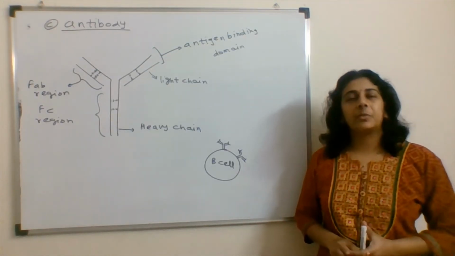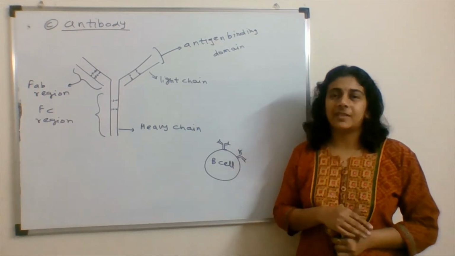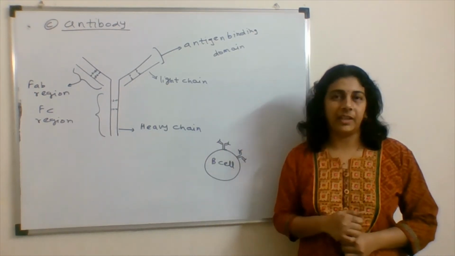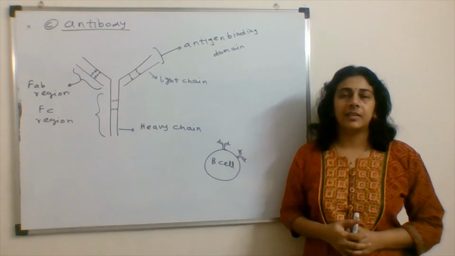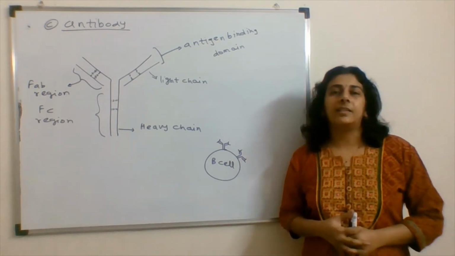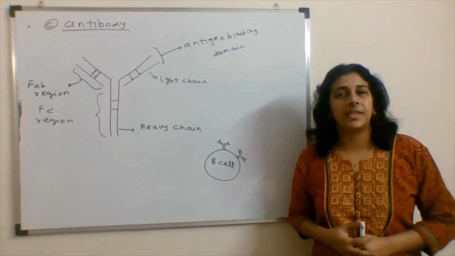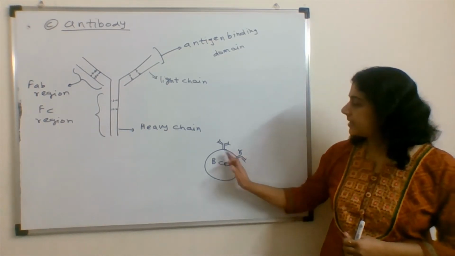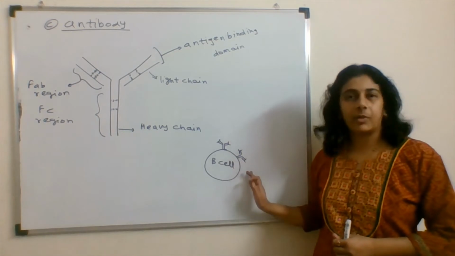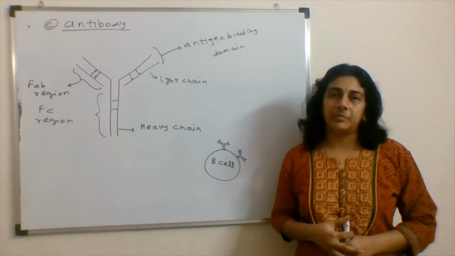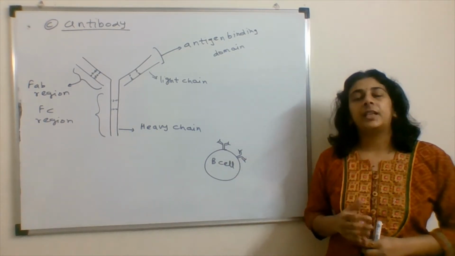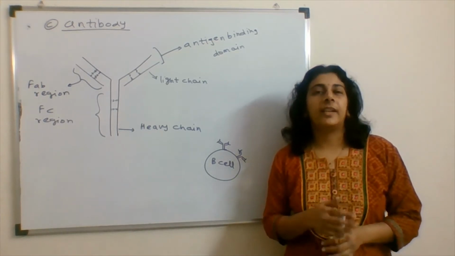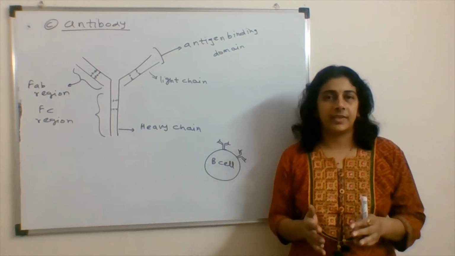In continuation with the B cell, we'll first discuss the antibody and then we'll move to the T cell. Just now we said that the antibodies are present on a B cell as a membrane protein. So this is a B cell, and we find antibodies present on it. When the B cell matures, it gets differentiated into two cells.